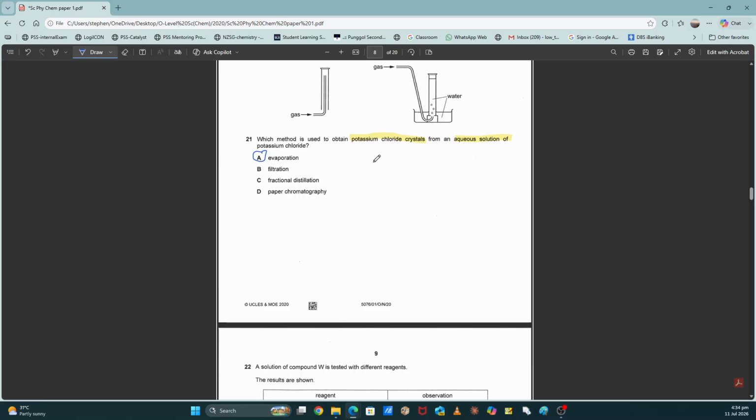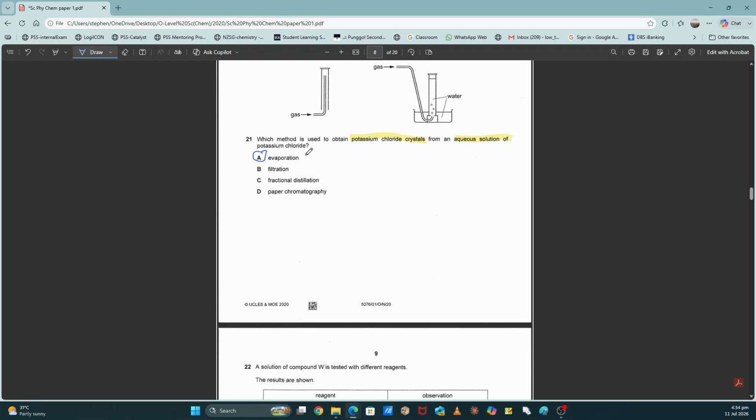Okay, because this is too little an amount and we associate this with inks and dyes. Furthermore, crystallization and evaporation are very similar. Then you may ask me, how come I don't use crystallization?